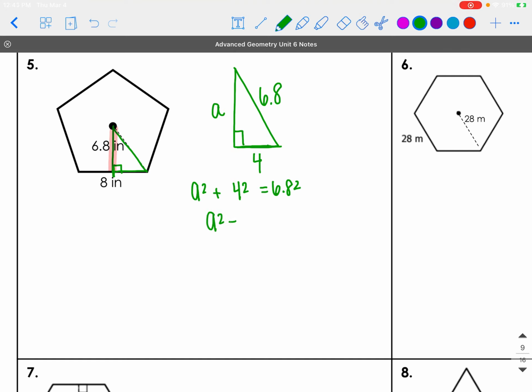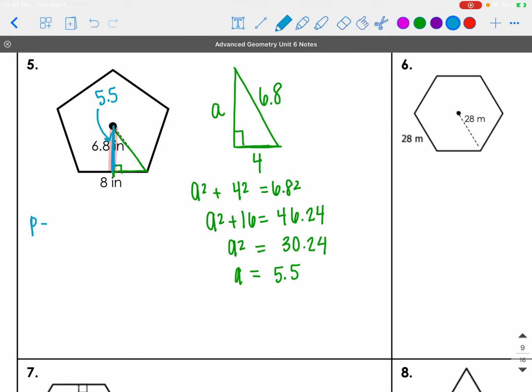This is a squared plus 16 equals 46.24. Subtracting 16 gives us 30.24. And taking the square root gives me 5.5. So that means that my apothem is 5.5.